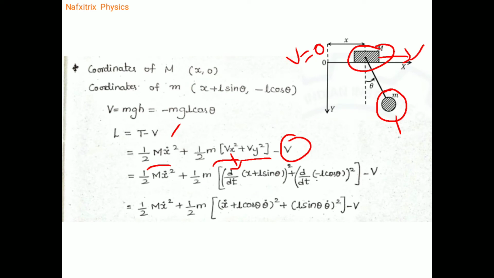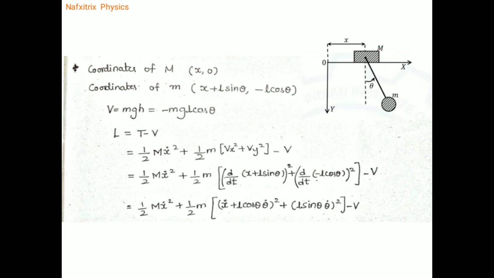And next is Vy, which is the rate of change of the y coordinate. Here we have minus L cos theta, so d by dt of minus L cos theta, whole square. Now in the next step, this remains as usual, and differentiating x with respect to time gives x dot. Applying differentiation on this side, L is a constant, so it can be kept aside.